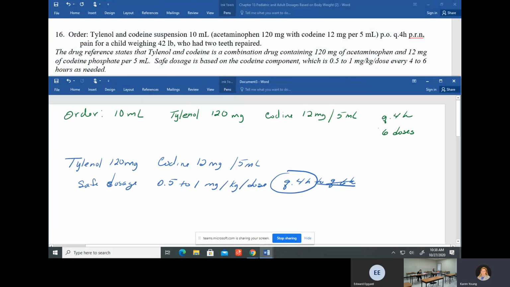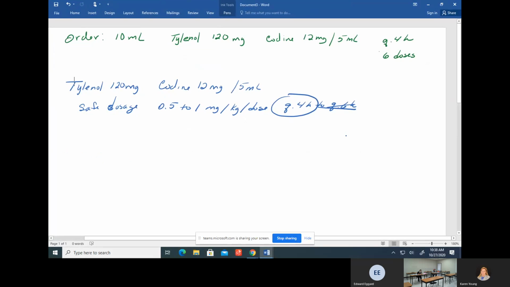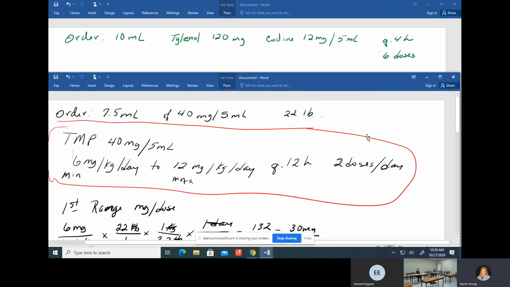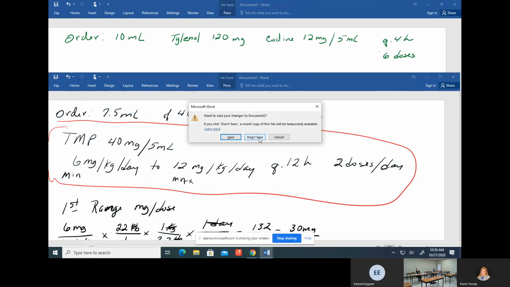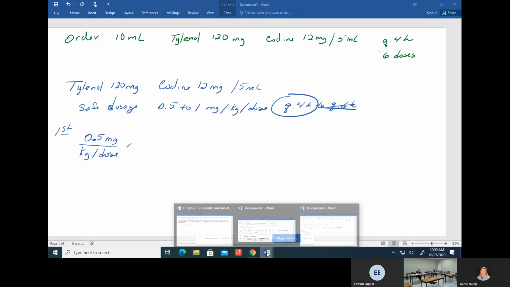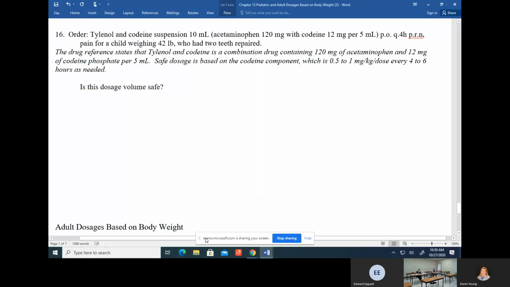Got everything I need written out. So with my safe dosage, first I'm going to look at my safe dosage range. I'm starting with my minimum, 0.5 milligrams per kilogram per dose, times what was my child's weight? Is it 42 pounds? Yes, 42 pounds.